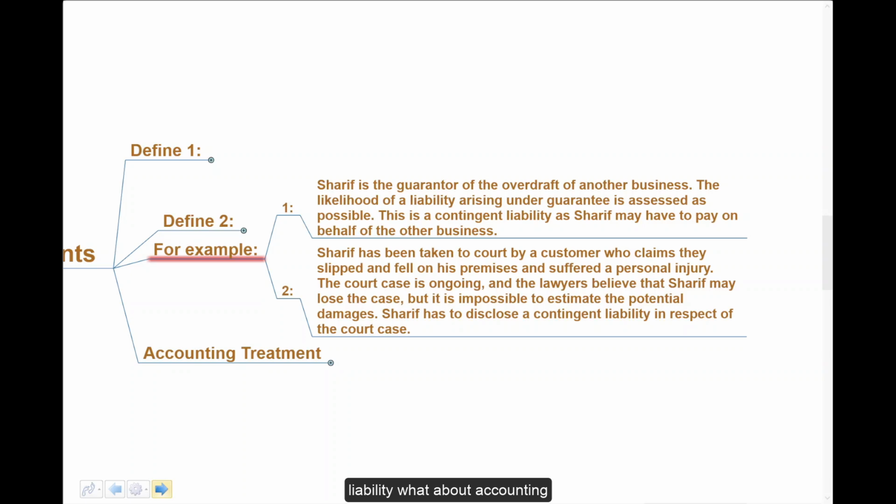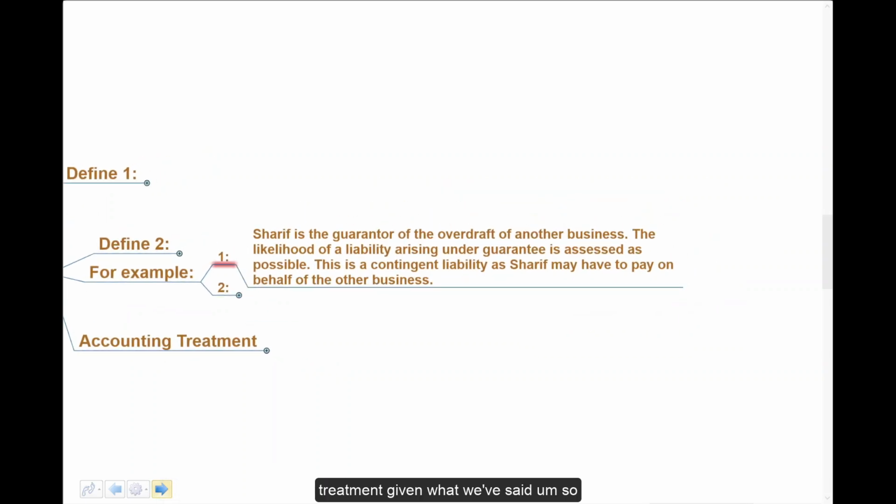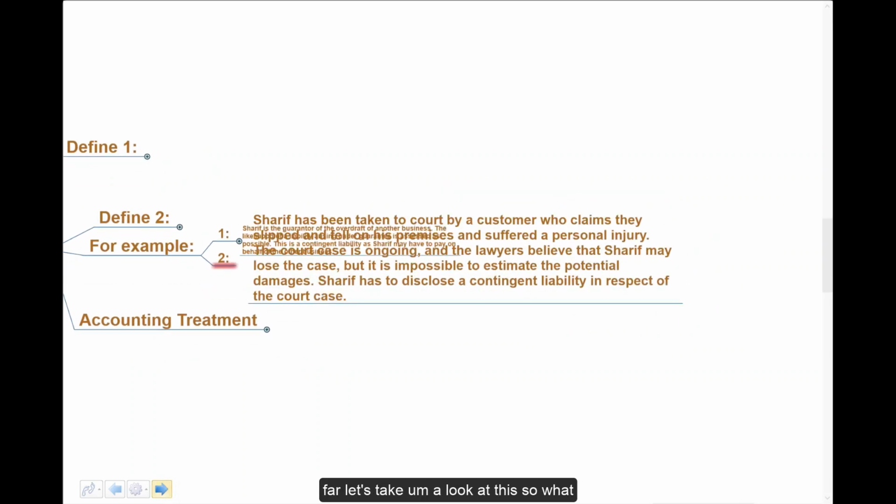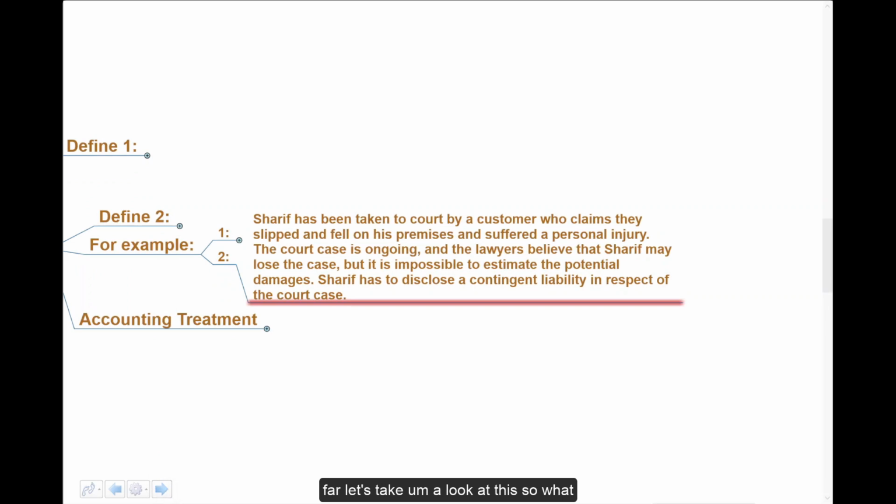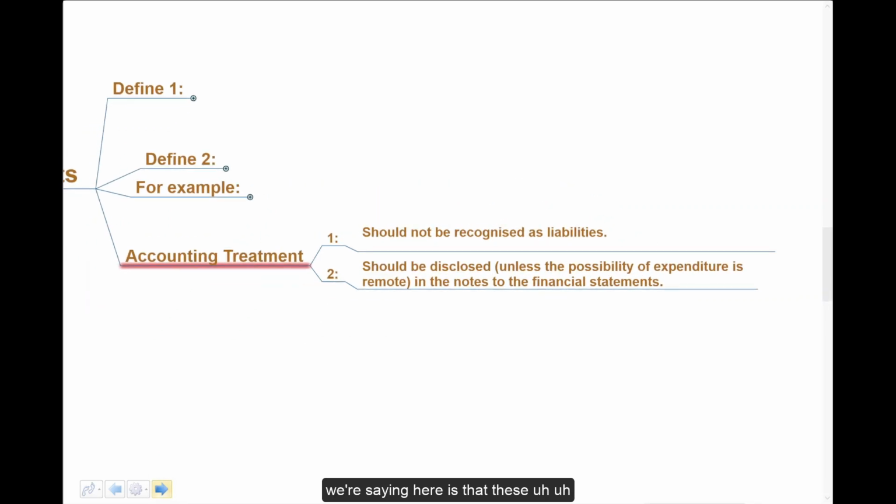What about accounting treatment, given what we've said so far? Let's take a look at this. So what we're saying here is that these contingent liabilities should not actually be recognized as liabilities. They will be disclosed in the notes of the accounts, unless the possibility is remote.